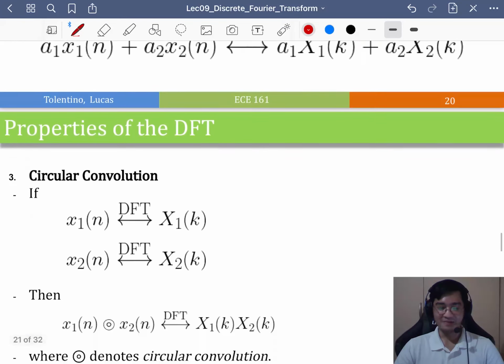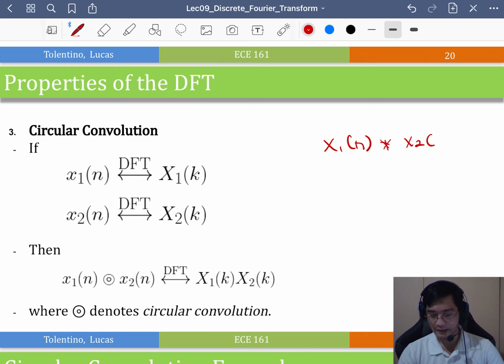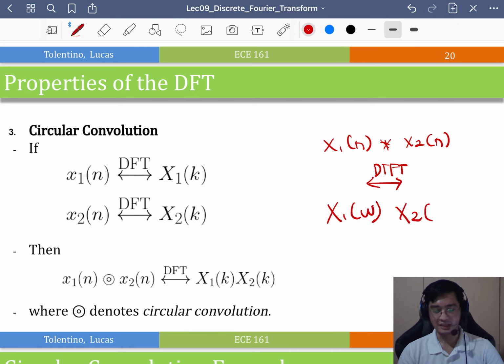Anyway, number 3 is a new concept to us. If you could recall, x1 of n convolved with x2 of n, if we take the DTFT of this one, we get the product of their DTFTs. But if we are now getting the DFT, this property does not hold true.